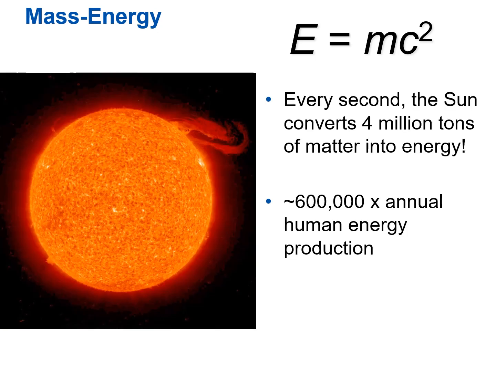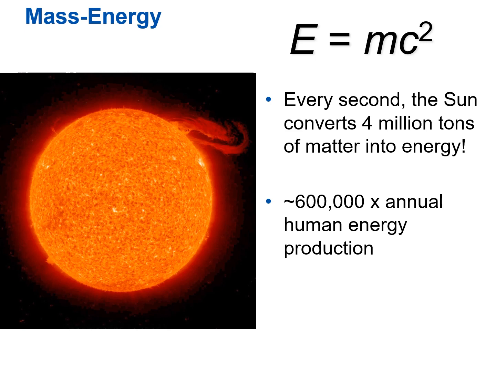And so, for example, our sun, every second, converts 4 million tons of matter into energy. It's so big, so massive, that it loses the mass of about 4 million automobiles every second that goes by, and turns it into energy. Now, on the last slide, I said that the wonderful thing about this relationship that Einstein discovered is that a small amount of matter can be turned into a large amount of energy.